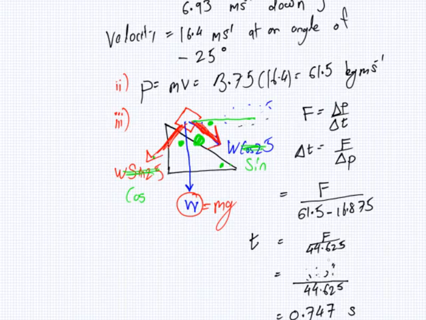Sine 25. So I should have here 15.55. Three, 348.